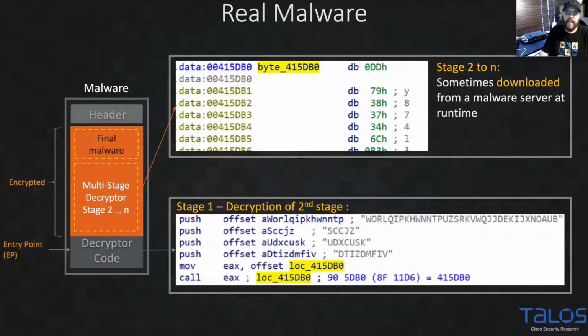In a lot of cases, during the execution phase, the original executable is actually reaching out to an attacker-controlled server to pull down more data to store in memory to facilitate the actual execution of the malware. So it's gotten a lot more sophisticated over the last several years, and as a result, it's become a lot more difficult to analyze certain malware families.